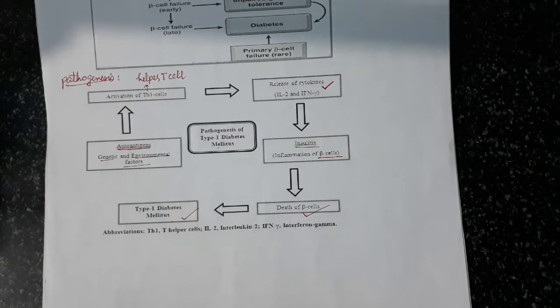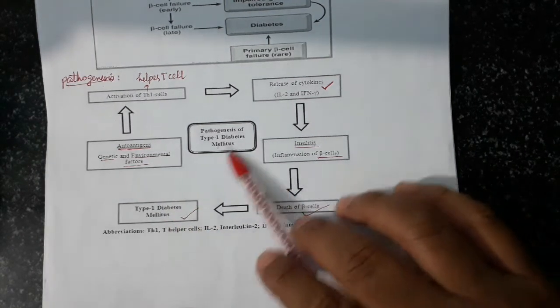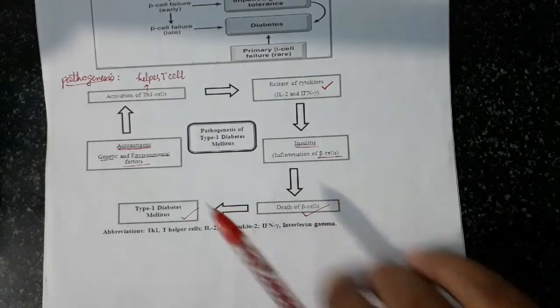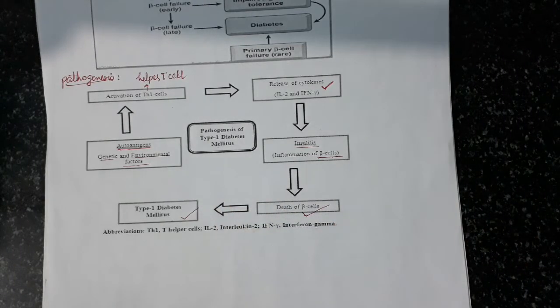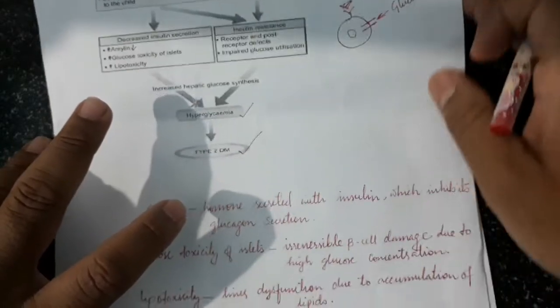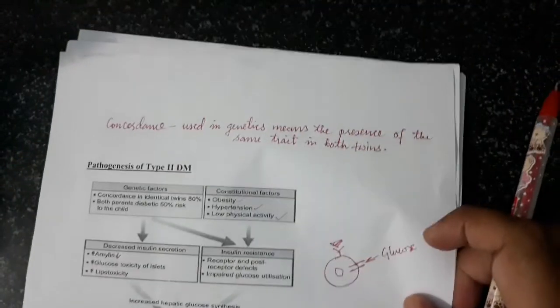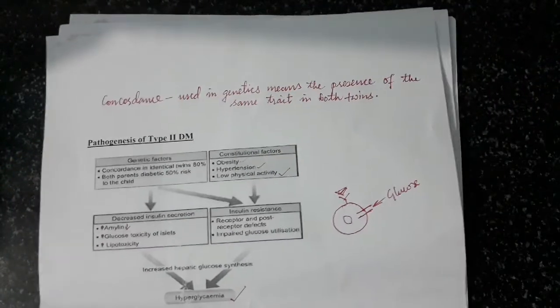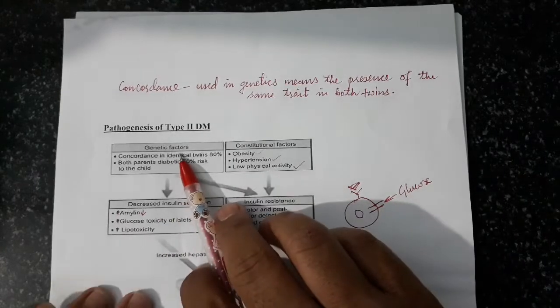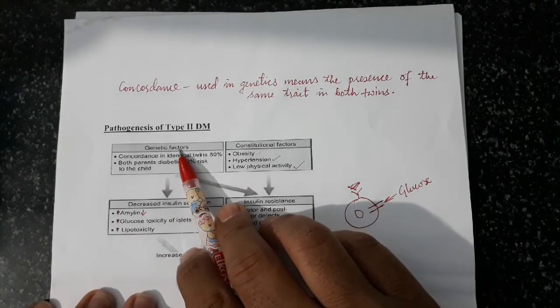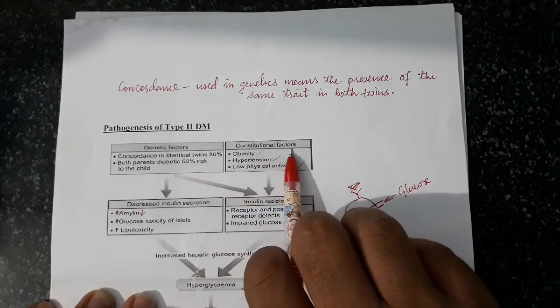So in exam, if it comes, then for type 1 diabetes mellitus, you can prefer these flowcharts. Whereas for type 2 diabetes mellitus pathogenesis, you can prefer this flowchart. That is, it starts because of genetic factors and constitutional factors.